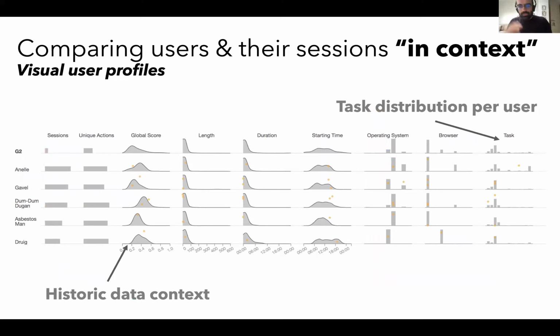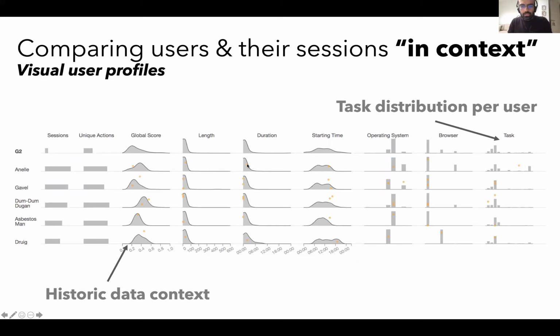And then, of course, we wanted to reveal user profiles where we have some historical data. Each row in this visualization is a user, and we took the data of each individual user and created historical data profiles for these users.